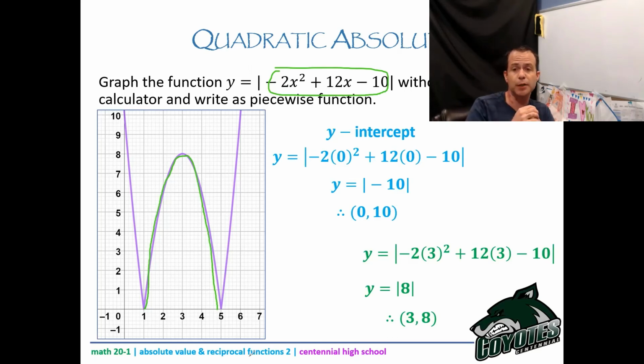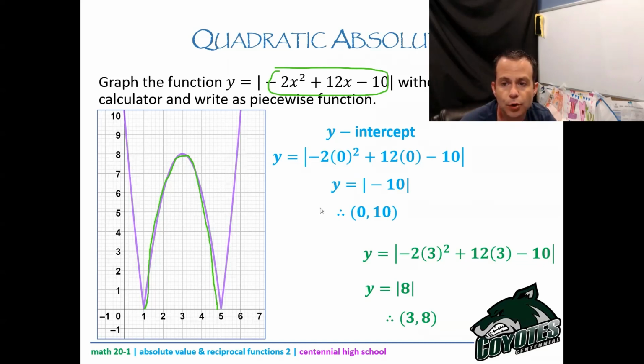Inside those absolute value brackets, I see a quadratic that opens down. That is my positive portion. Okay, so the positive portion exists from 1 to 5, and then the negative portion would exist less than 1 and greater than 5. The equal to sign goes with the positive portion.